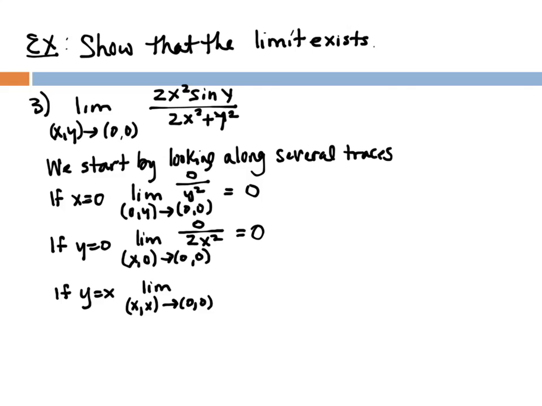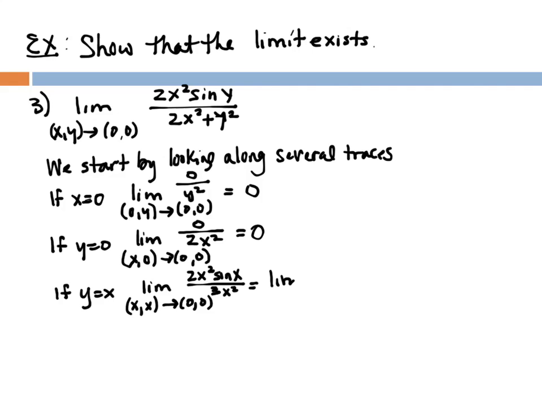So my function actually ends up looking like 2x squared sine of x over what? What would I have on the bottom? 3x squared. And you might look at that and think, oh, finally something actually simplified and it doesn't look like 0, at least at the get-go, right?